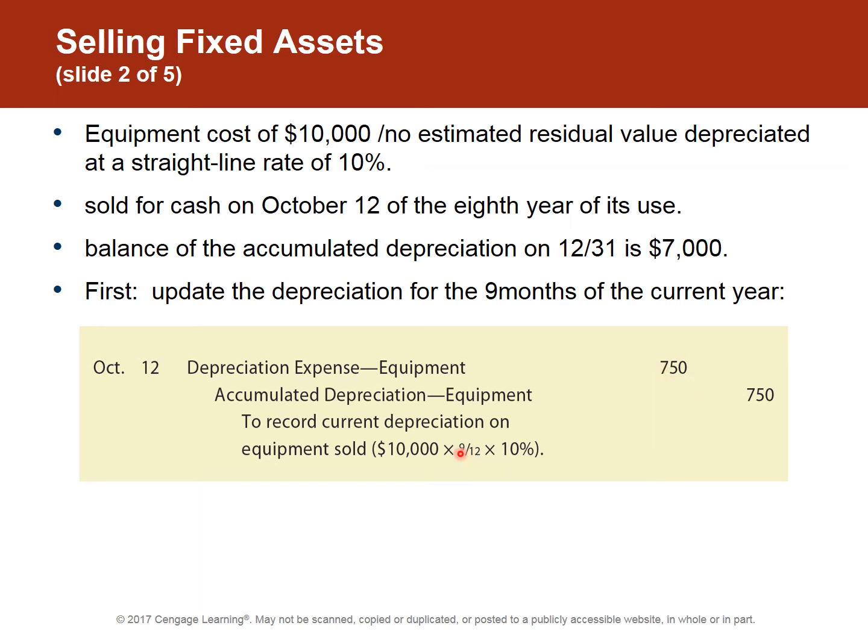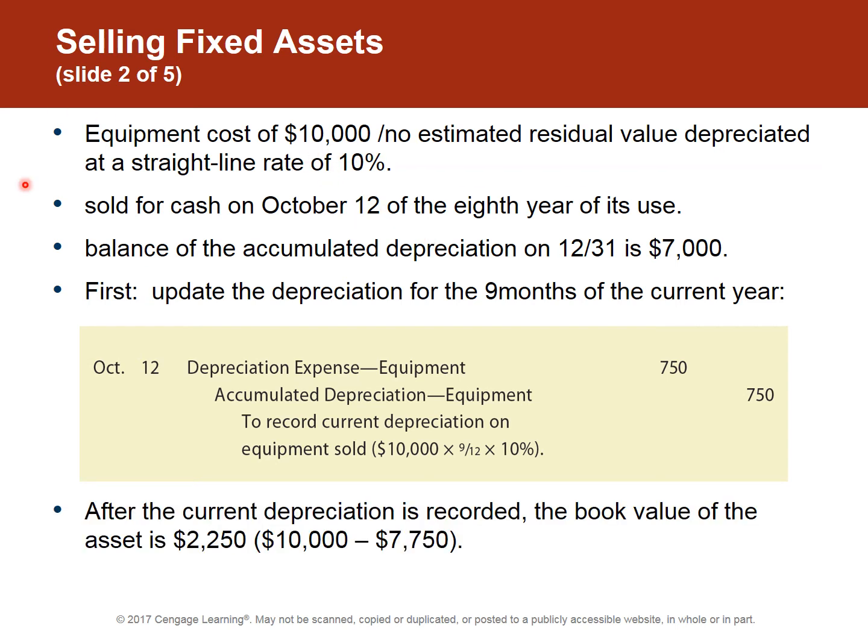Now it's $750 because we have 9/12 of a year. So if we are going to record the disposition, the sale of this asset, we first update the depreciation expense, which now means, of course, that our accumulated depreciation is not $7,000, it's $7,750, and that's going to record a decline in the book value. 10,000 minus 7,750 is 2,250. This is now the book value of this asset.